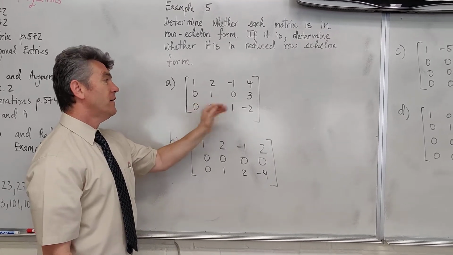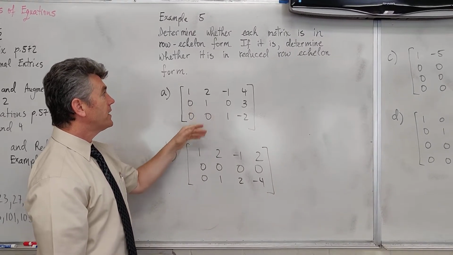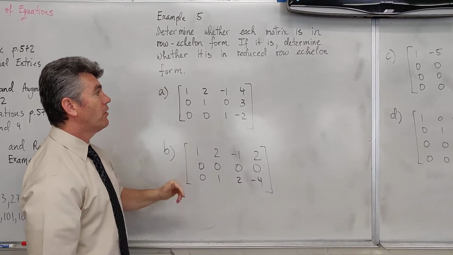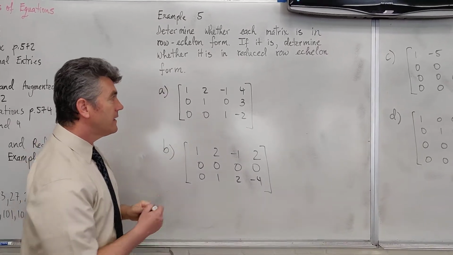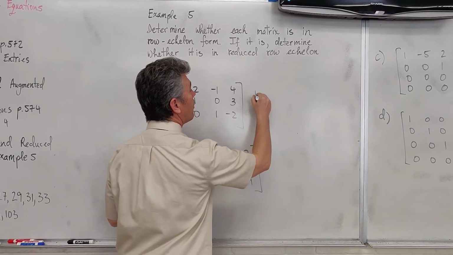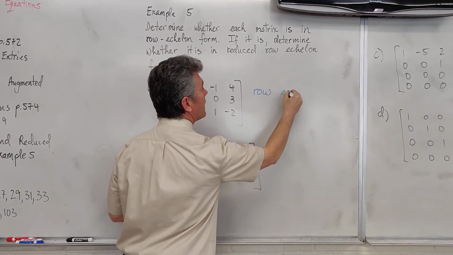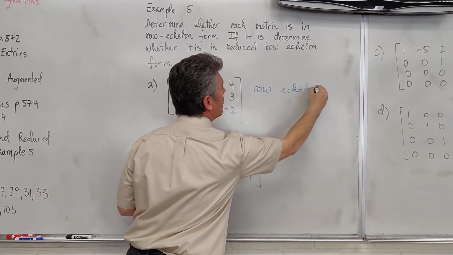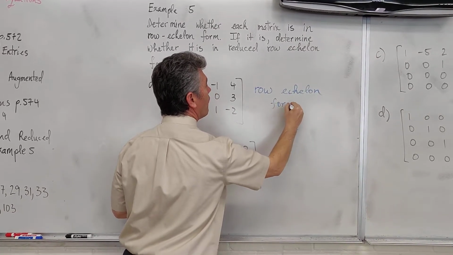Each 1 is to the right of the 1 in the upper row. So the matrix in A is in row echelon form.